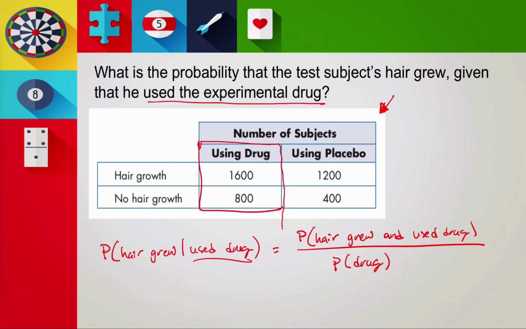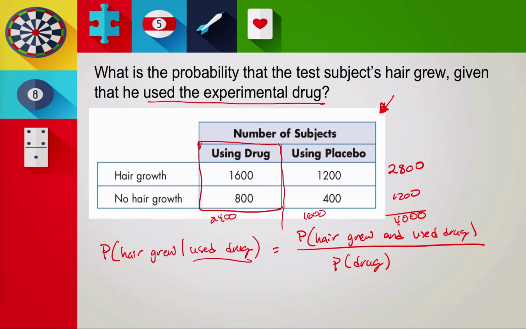So there are 2,800 people with hair growth and 1,200 without, which is going to give us a total of 4,000. And of the ones using the drug, there were 2,400 using the drug and 1,600 using the placebo, which also gives us 4,000.